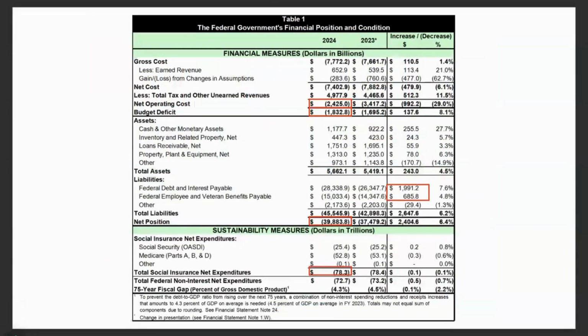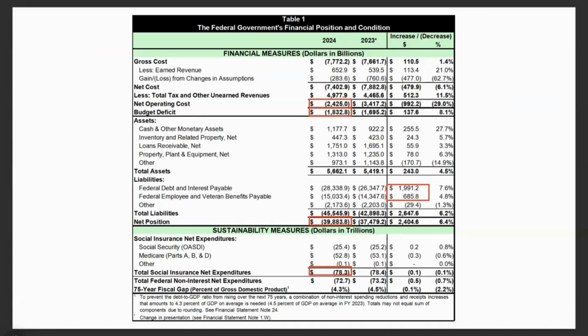And this is page 14 of the Treasury's report, and I think it's a pretty good summary page. In the red boxes near the top, you can see the net operating cost deficit of 2.425 trillion and the budget deficit, 1.832 trillion, as mentioned previously on the last slide.